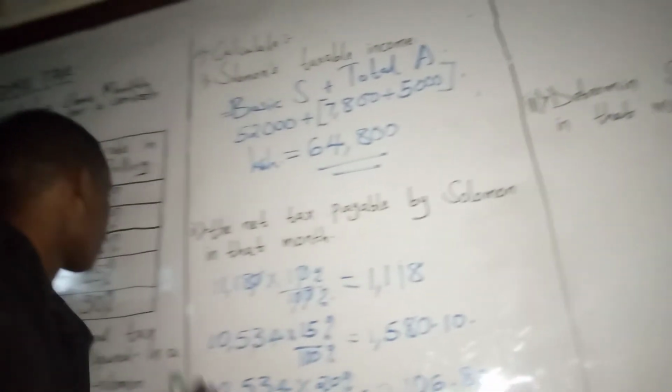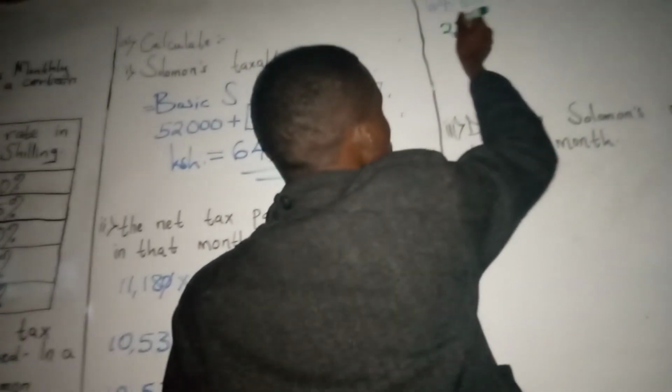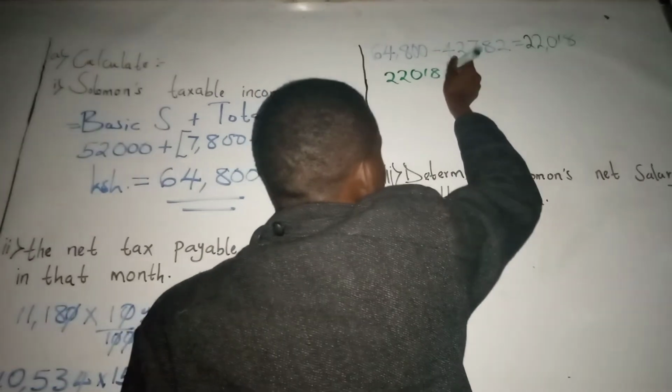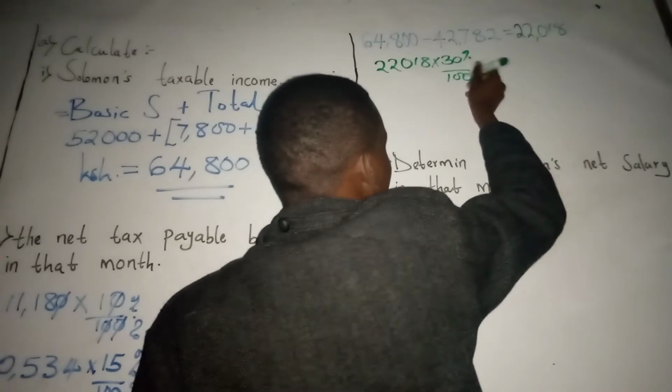And in our last portion here, we have 30%. So we are going to take 22,018 multiplied by 30 over 100.